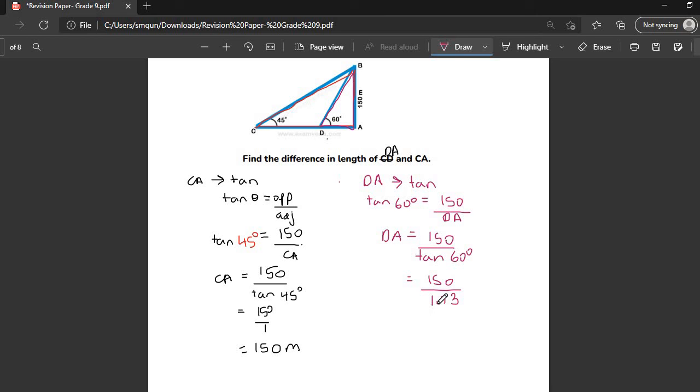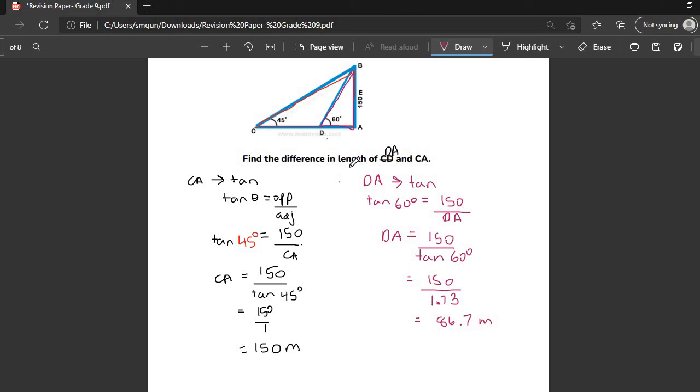Just round it to maybe 1, 2, or 3 decimal places. So our final answer for this is 86.7 to 1 decimal place. And remember, the units that you use must come from the known side, so it's going to be meters.